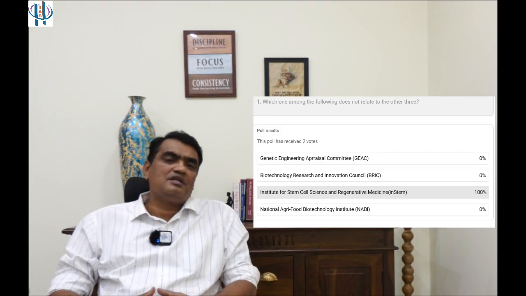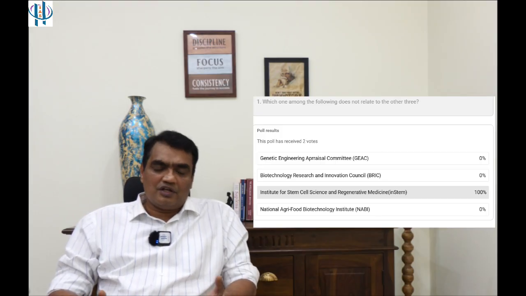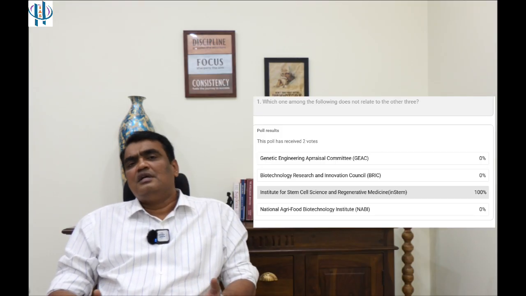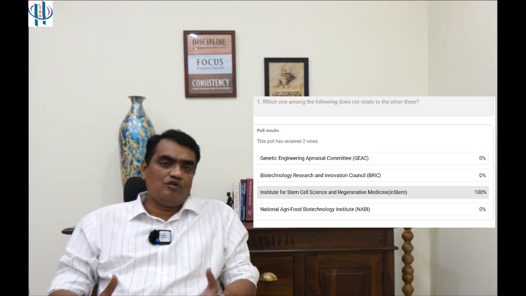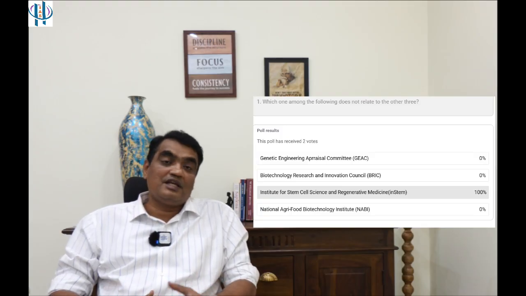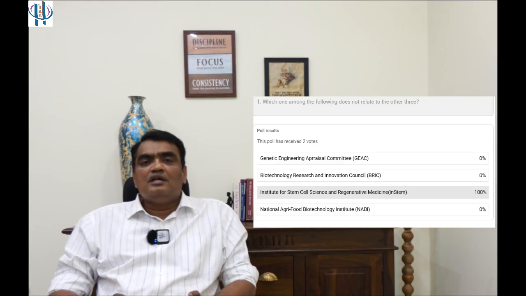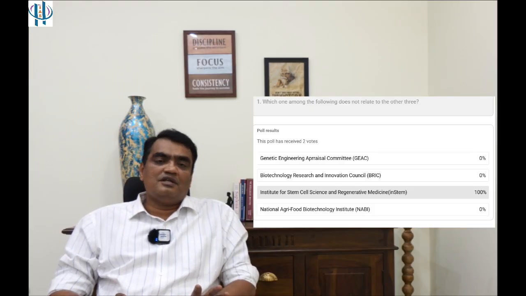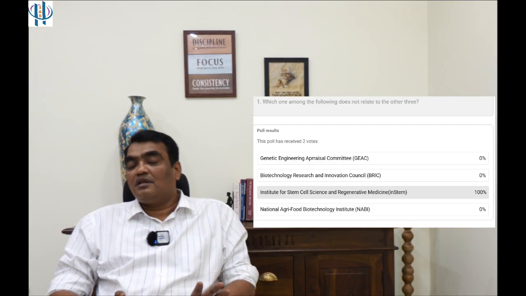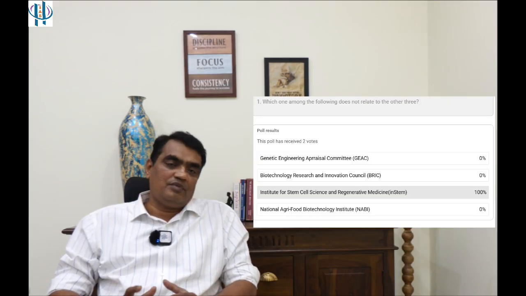In type 1 diabetes, the beta cells can theoretically be regenerated, and of course for certain diseases like thalassemia we already have treatment with stem cells. So the Institute for Stem Cell Science and Regenerative Medicine is at Bengaluru and comes under BRIC, otherwise under the Department of Biotechnology.